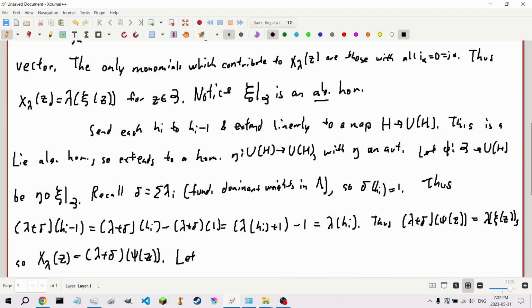Now, we're going to let lambda be integral. By our previous corollary, all the conjugates sigma of lambda plus delta agree at xi of z.